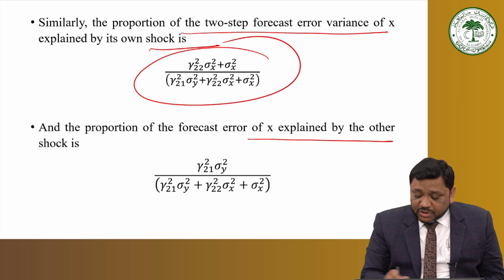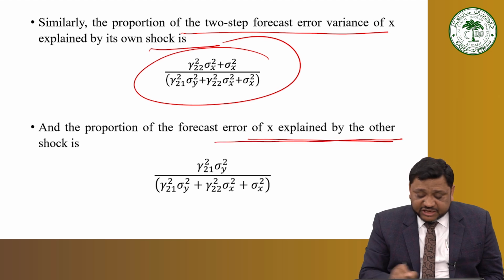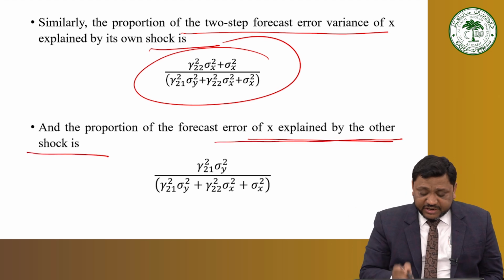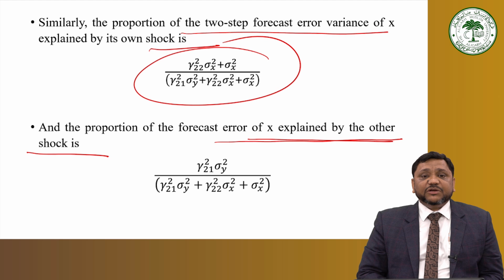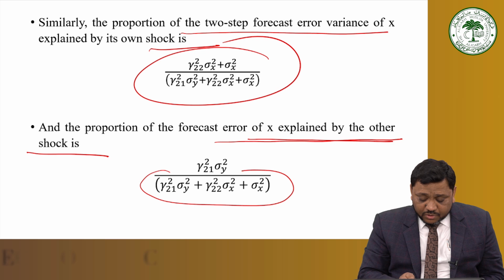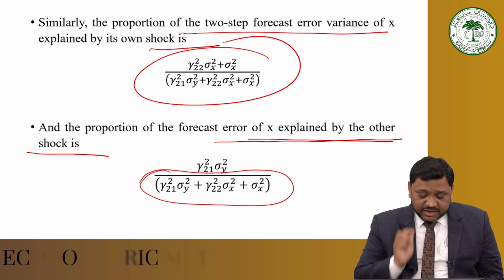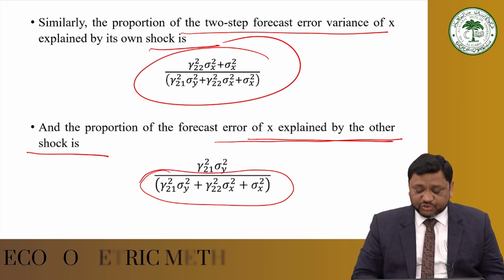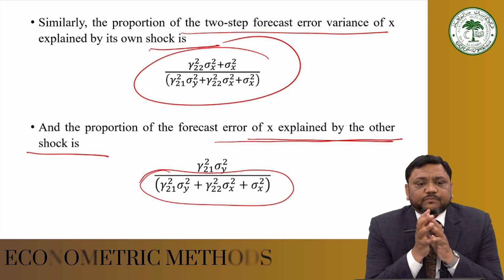And the forecast error of x explained by the other shock is gamma 21 square sigma square y divided by gamma 21 square sigma square y plus gamma 22 square sigma square x plus sigma square x.